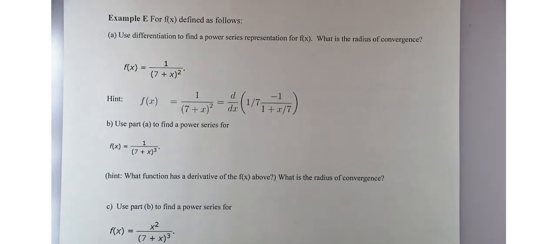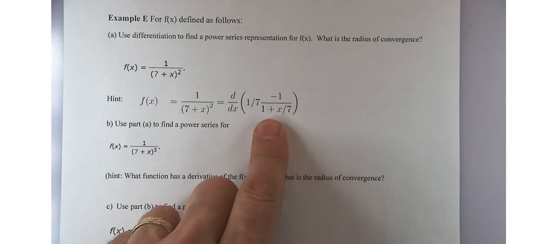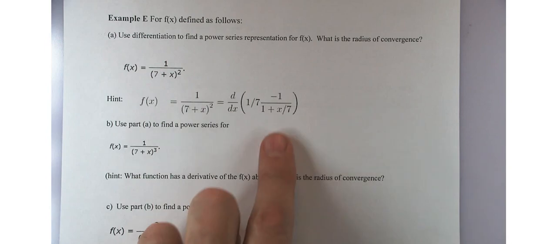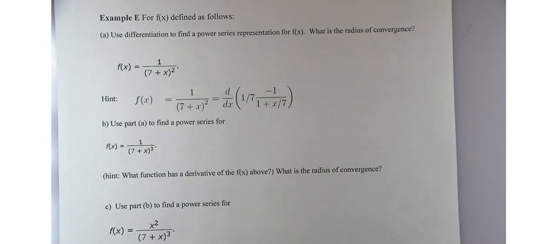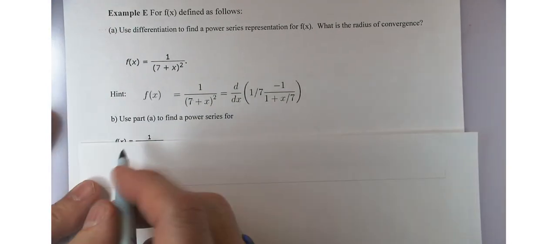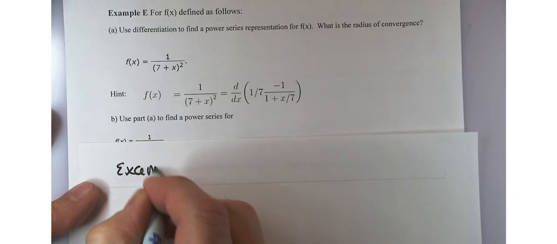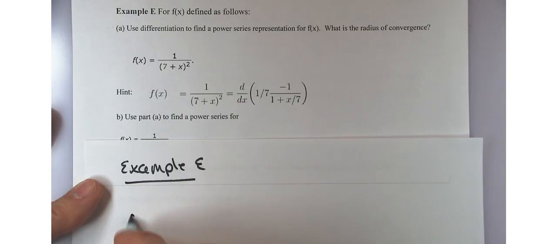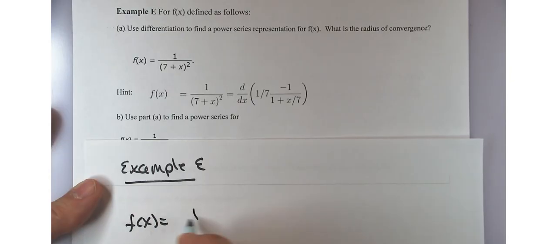So let's see what we're going to do here. Right here, this has been written very nicely for you so that its derivative is this function. So let's work on example E here. F of x is 1 over 7 plus x squared.